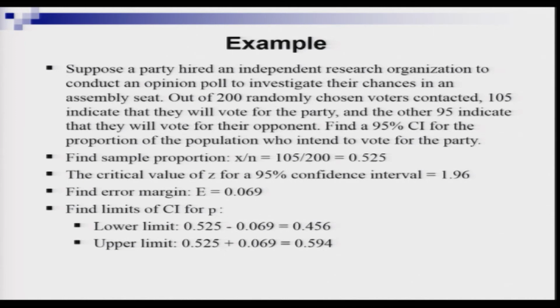Why 95%? Because that is the standard norm; you can make it a 90% confidence interval as well. But for 95% you do not have to go back to the standard normal table, because remember I spoke about one magic figure, the z critical value for a 95% confidence interval, and that is 1.96. This magic figure we are going to use here, and later also in hypothesis testing you will see that we use this number again and again whenever the need arises.